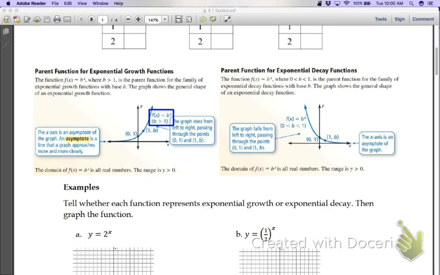But if you have a value, it doesn't matter if it's 1.1. If it is bigger than 1 and it is the base of your exponent, it will be exponential growth. Now, hopefully you understand that the bigger the base, the more growth it's going to have.